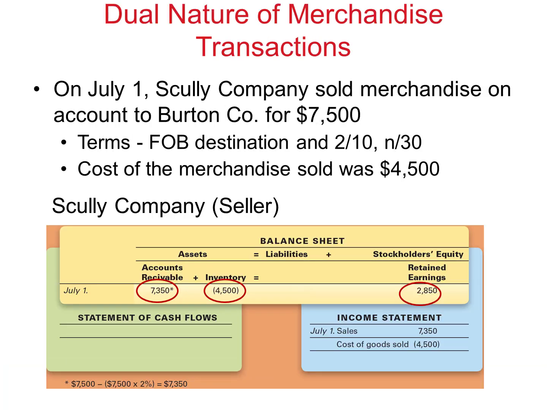Let's now shift our attention to talk about the dual nature of merchandising transactions. Keep in mind that with every transaction there is a buyer and there is a seller. In this case, we're going to look at a specific transaction. On July 1st, Scully Company sold merchandise on account to Burton Company for $7,500.